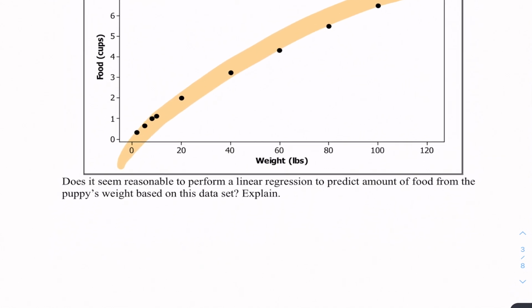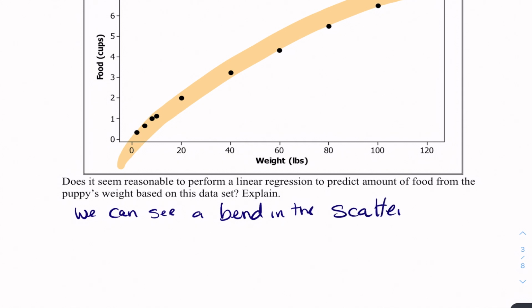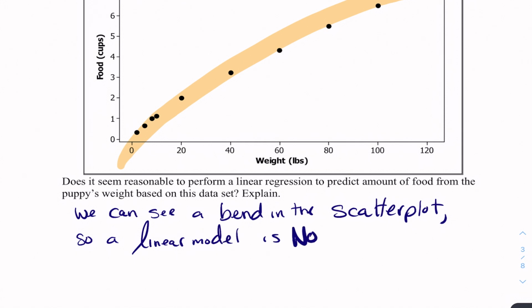But clearly, we can see a bend in the scatter plot. And once you can see a bend, a linear model is not appropriate.